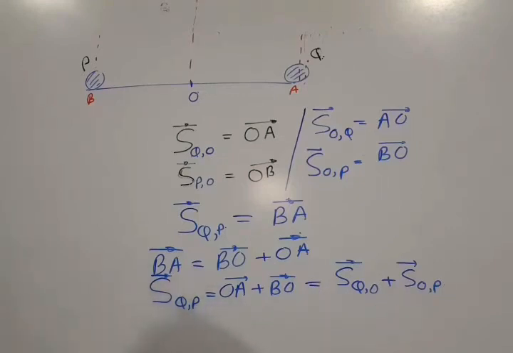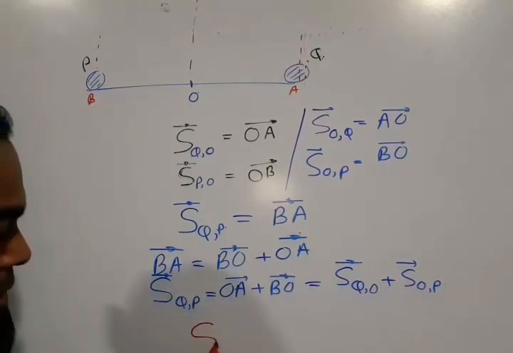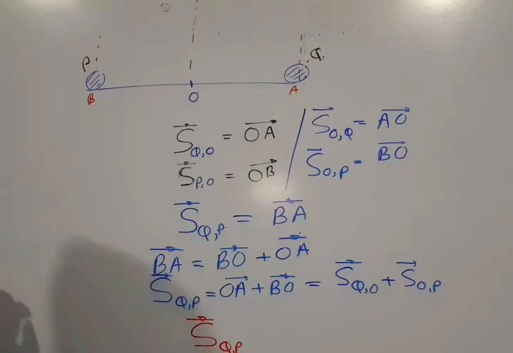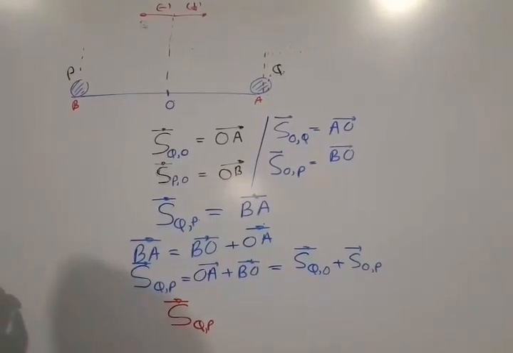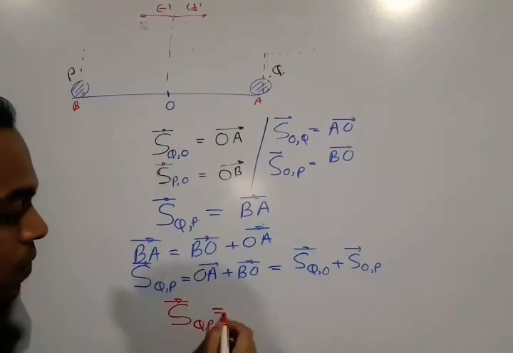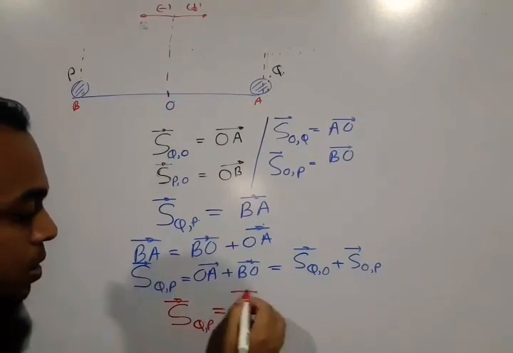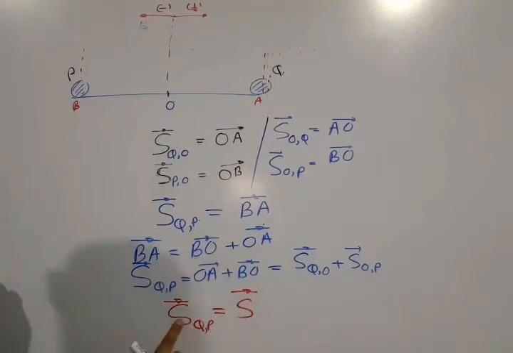We call this the equation of relative displacement, and I'm going to write it as: displacement of Q with respect to P is equal to displacement of Q with respect to O plus displacement of O with respect to P. So these could be any two letters or any two particles.